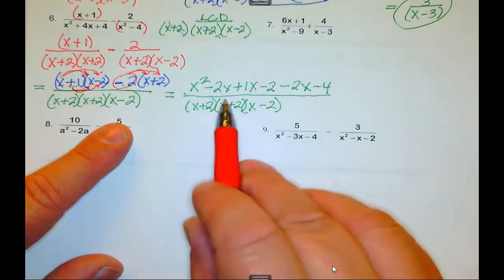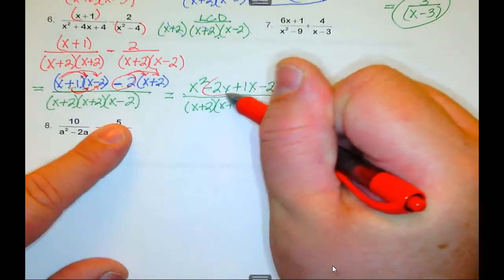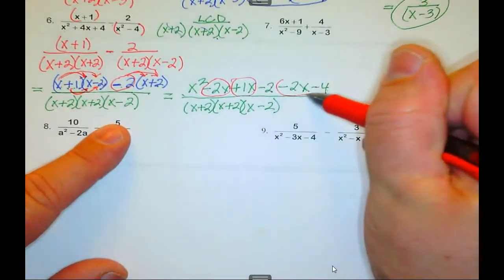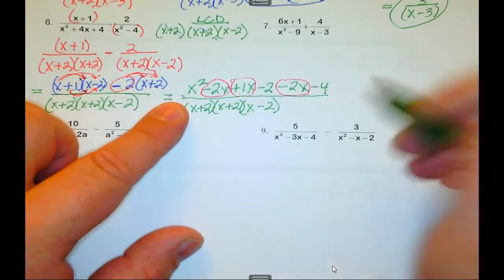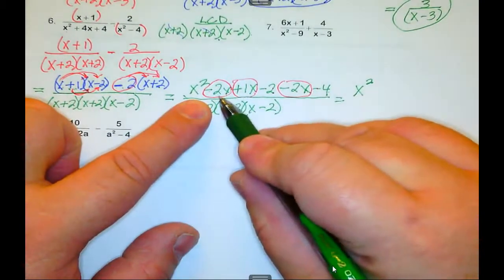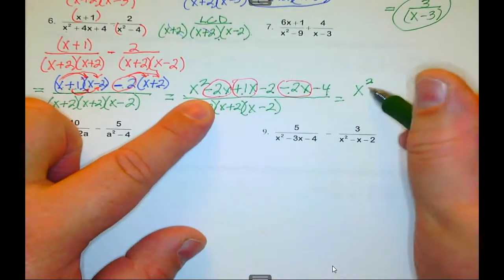Okay. Now I'm going to add and combine like terms. So you have a minus 2x, a positive 1x, a minus 2x. X squared, there's nothing I'm going to do here. It stays where it's at. So I have minus 2, minus 1, minus 3x.